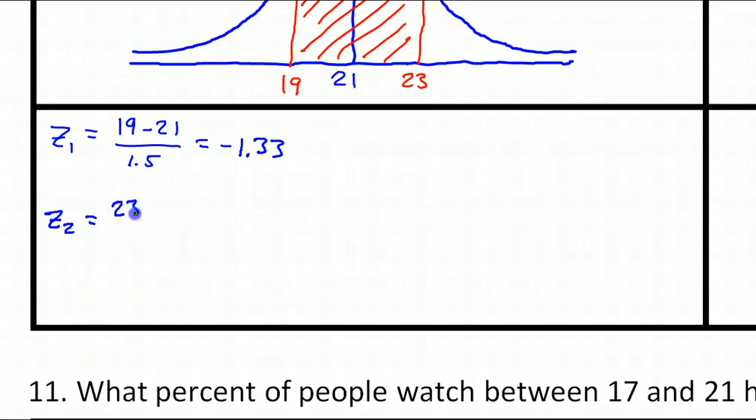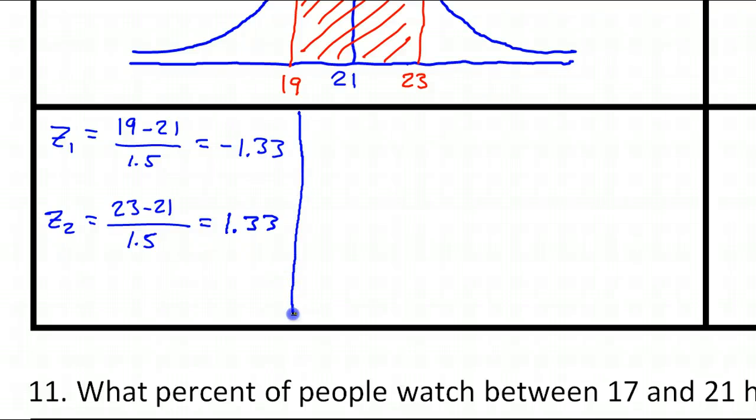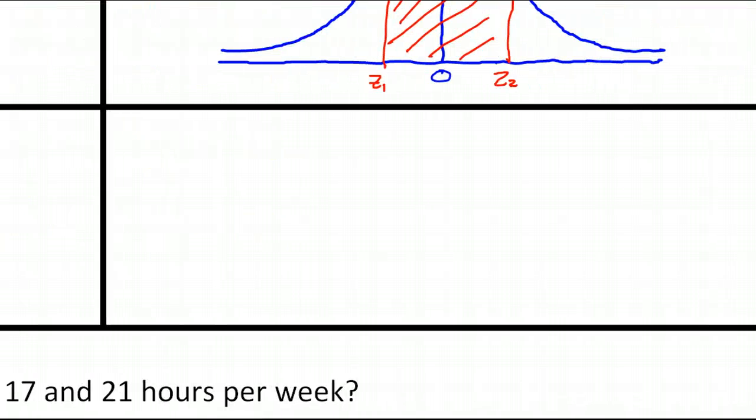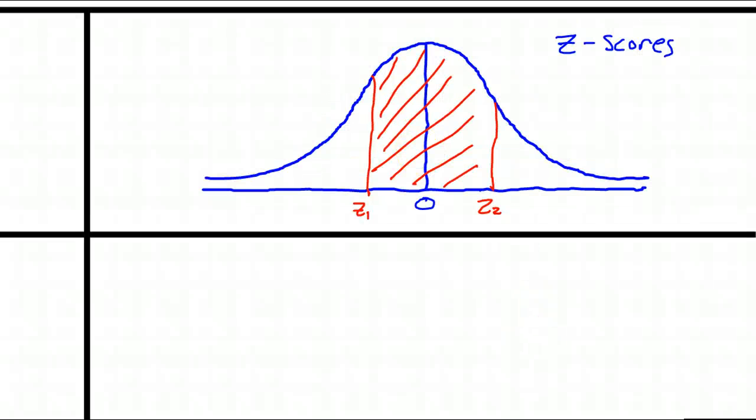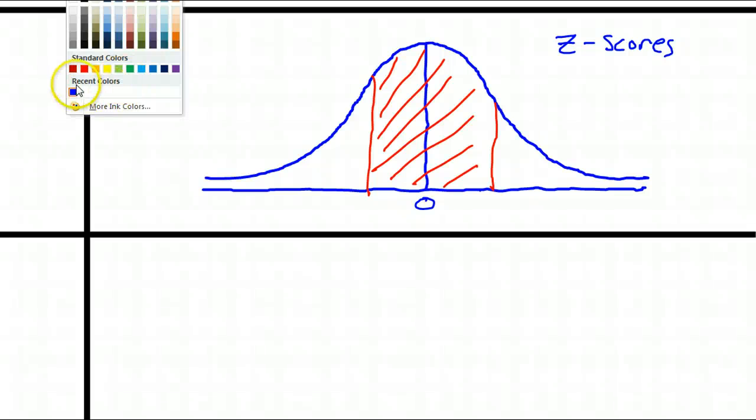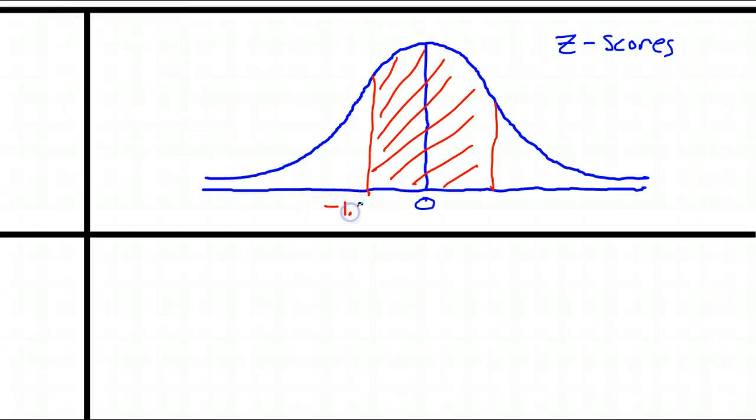So I'm going to do 23 minus 21 over 1.5. Okay, and that's going to give me positive 1.33. Okay, let's go ahead and put those values on our z-score chart. Okay, so we have negative 1.33 on the left and positive 1.33 on the right.